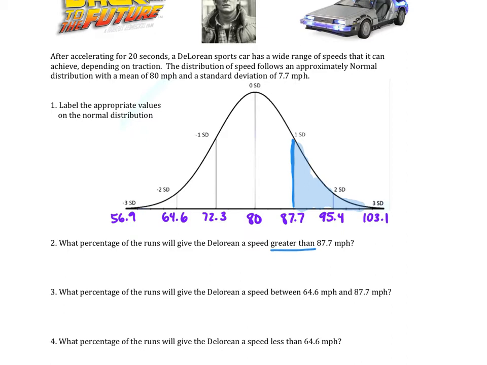So if I know that at 80 miles per hour, if I shade from this point and everything below, it's 50%. And then how much is here? It's 34%.